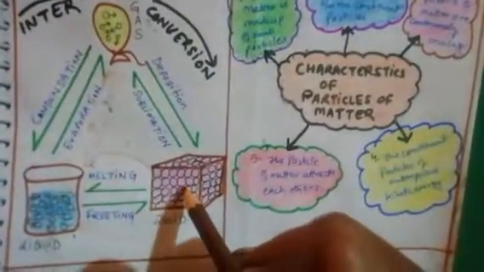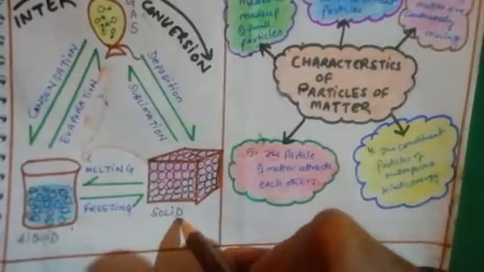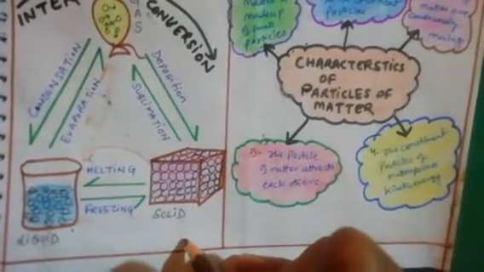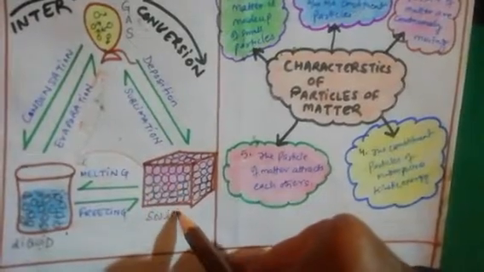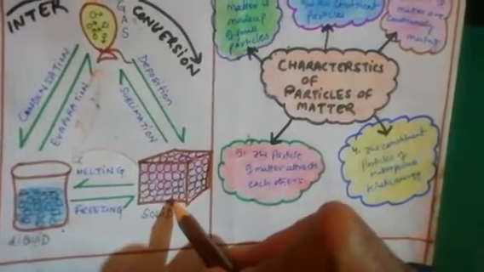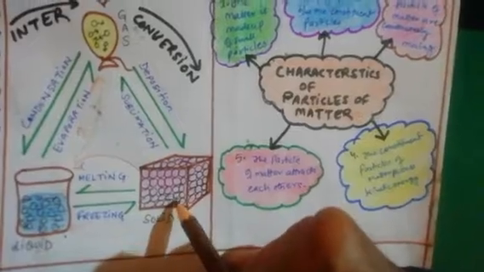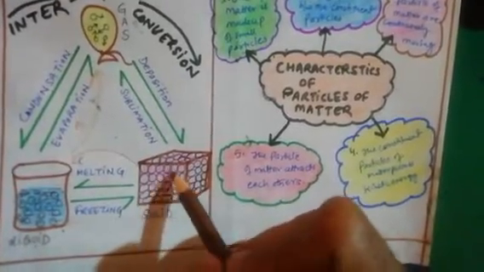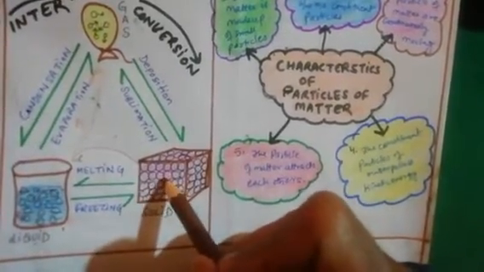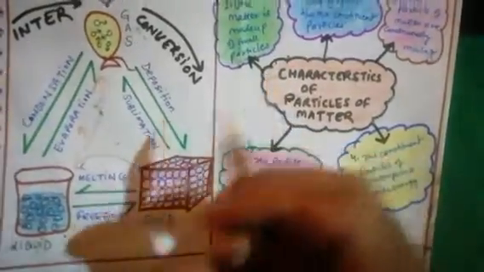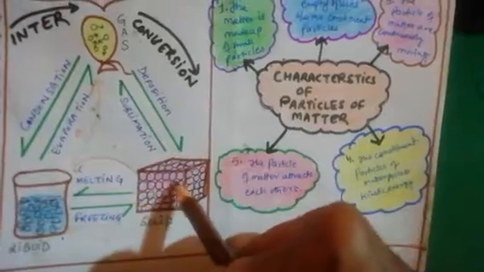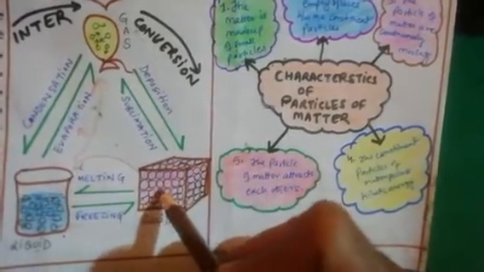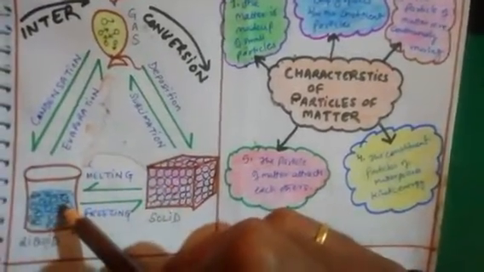If we give some heat, the space in between the particles becomes a little bit more, and the particles start vibrating. Because of the vibration, the particles become loose, start moving and expanding far away from each other, and that's why it becomes liquid.